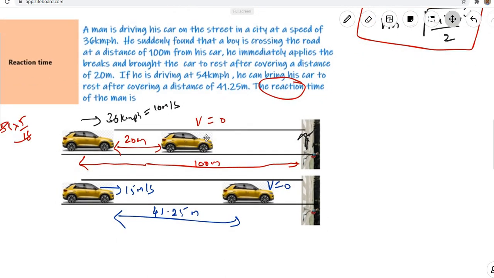That means after spotting the boy, in what time he applies the brakes. That is the point. If the reaction time is very less, he'll apply the brakes immediately, and if the reaction time is more, he'll travel more distance. So the time taken to apply the brakes is called reaction time. So let us understand this concept very clearly.